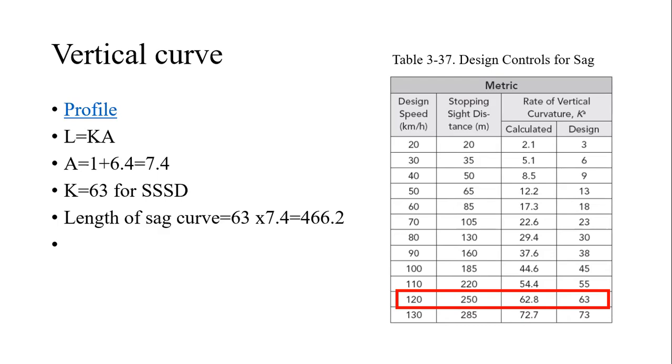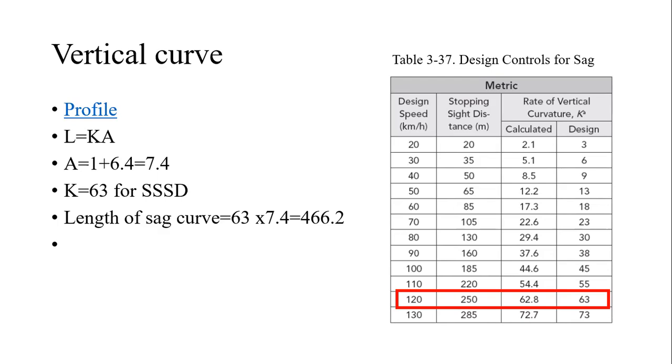You have to make sure they don't coincide with any PI values of the horizontal curve. Because when we have a PI value, it means the maximum curvature is there. So you should not provide a maximum curvature with the maximum change in vertical elevation of the vertical curve. That's why you have this check.